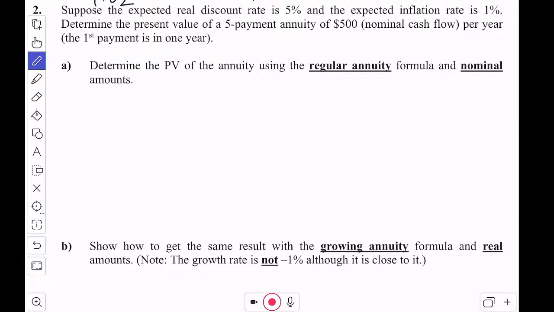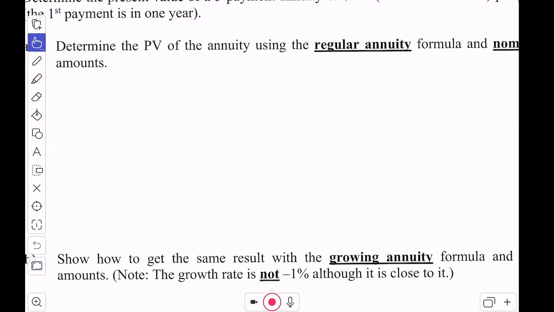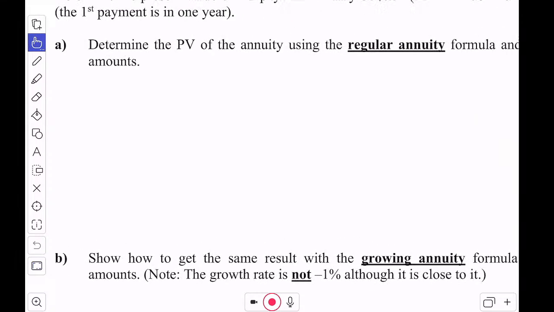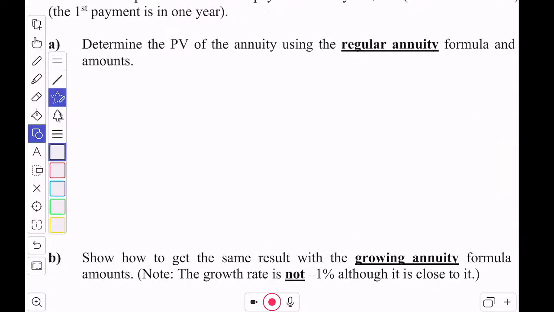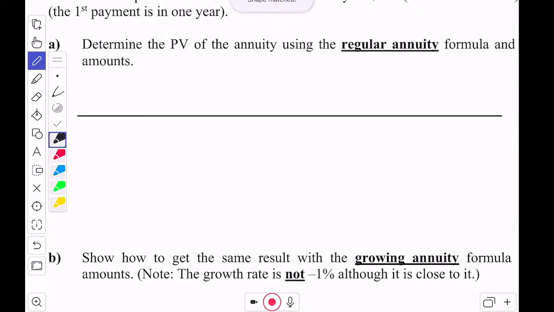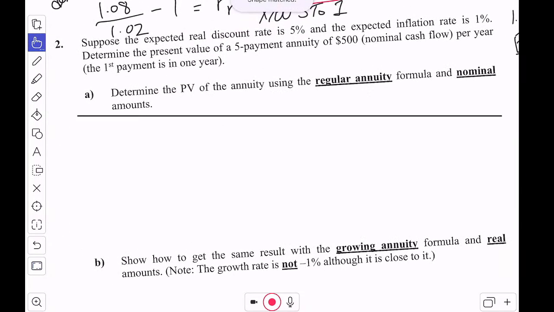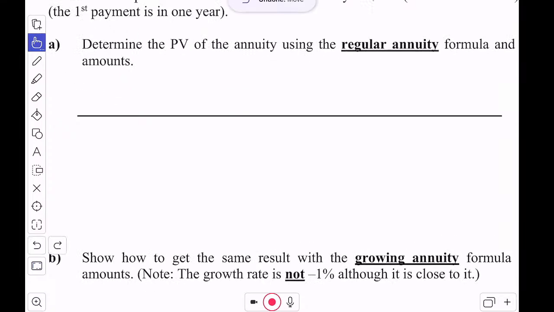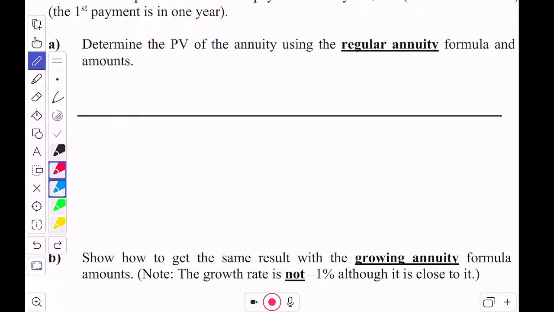All right, so we need to first find, well, let's first draw it. How about that? Let's first draw this. Let's draw on it.